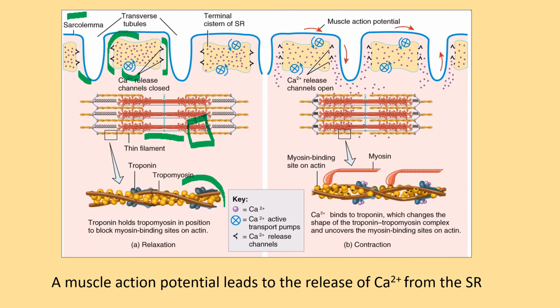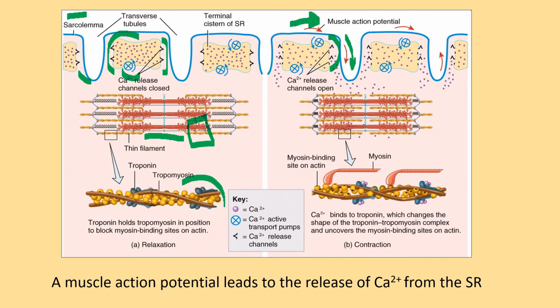All right, let's move from left to right. So we'll take a look at what's happening inside the cell during muscle contraction. In order to bring about muscle contraction, an action potential travels along the plasma membrane of the muscle cell. It travels down the T-tubule, so we have this massive physiological current happening here. That change in voltage, oh look, the calcium release channels have opened up and calcium is pouring out of the sarcoplasmic reticulum and into the cytosol.